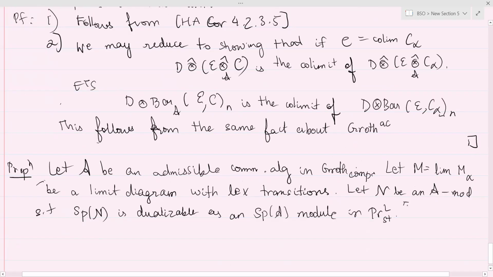Then we have that the limits commute. So we have that the morphism from M relative tensor product with N to the limit of these is an equivalence.